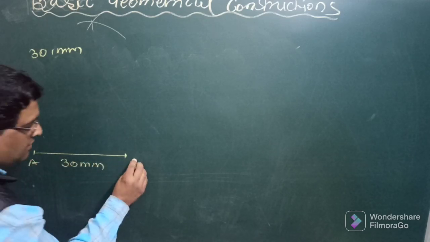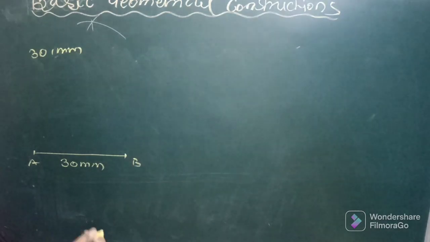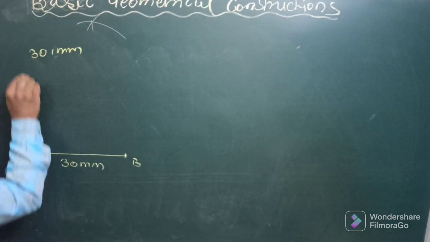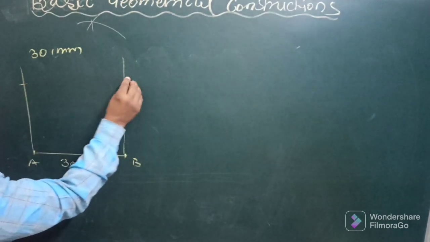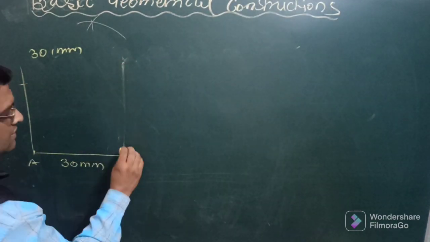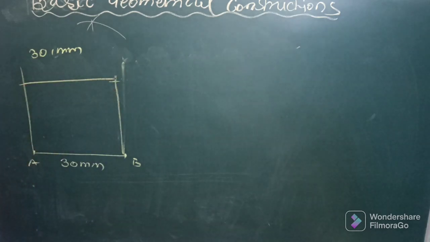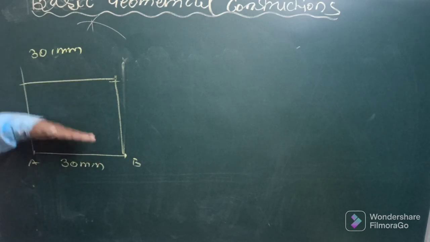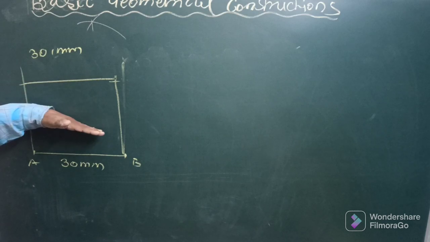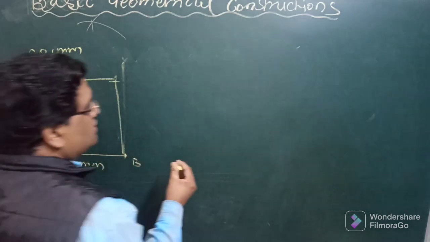Say this is line AB. Now there may be 2-3 methods. You can draw 2 perpendiculars on this line and cut 30 millimeter on both sides so as to get the square. Or if you have a mini drafter, you can draw a line parallel to this AB at a distance of 30 millimeter and then join with the vertical sides so that you get the square.